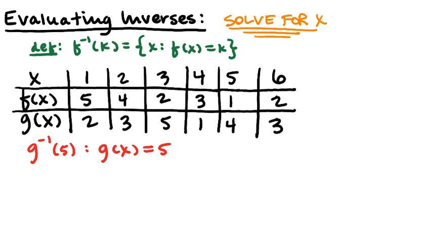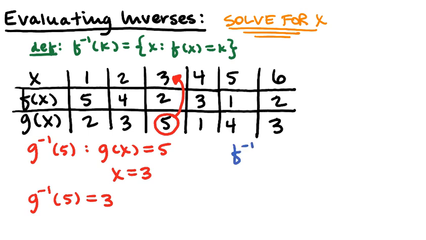You go to the row for g of x, and here it is. That's g of x equals 5. You trace back to the x that got you there. That's x equals 3. So that means that g inverse of 5 is equal to 3. Maybe I ask you something like, find me f inverse of 4.